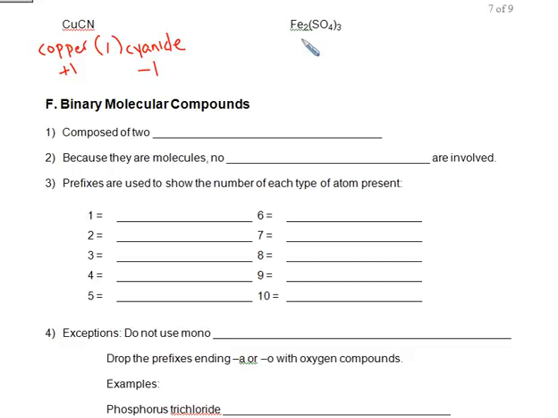So let's try the next one. We have Fe2(SO4)3. Fe is iron. We don't know the charge on iron, so get our parentheses ready to fill in. SO4 is sulfate. We know our charge on sulfate is -2. So we have 3 of these: a -2, a -2, and a -2, because we have 3 sulfates.